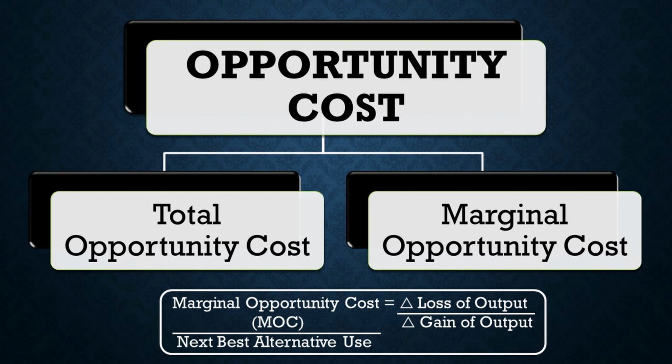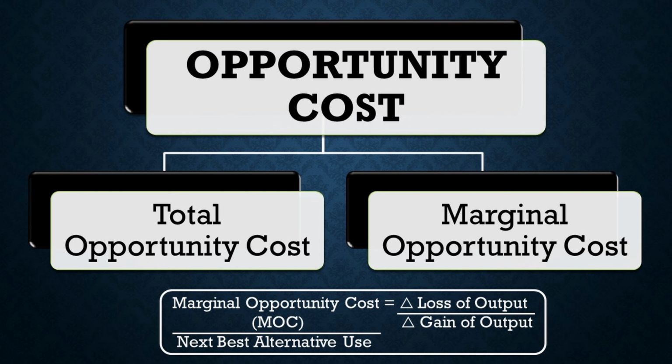marginal opportunity cost. Total opportunity cost refers to total loss of output when the given resources are shifted from one opportunity to the other. Whereas marginal opportunity cost refers to opportunity cost per unit of additional output when some resources are shifted from one opportunity to the other.